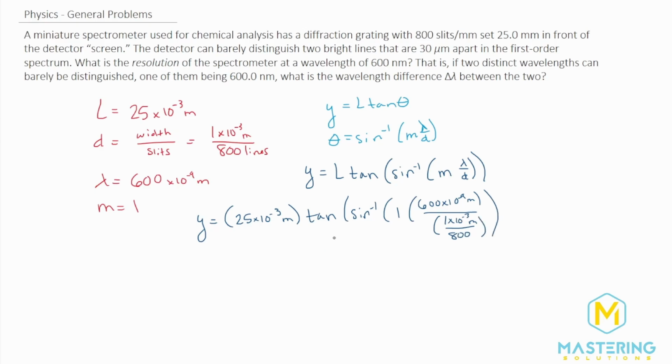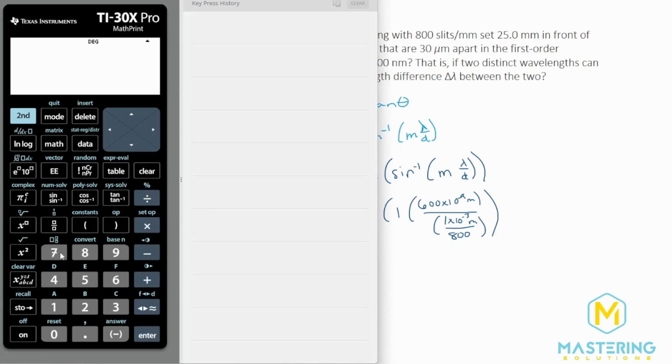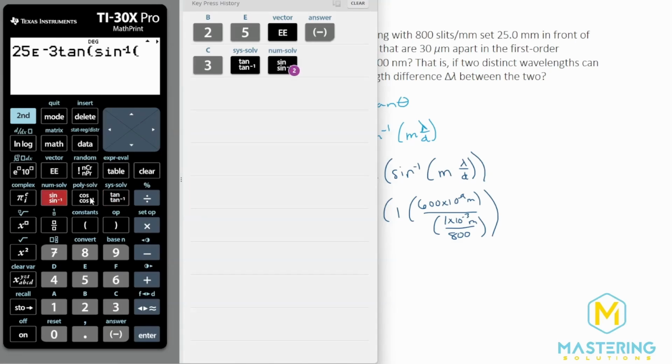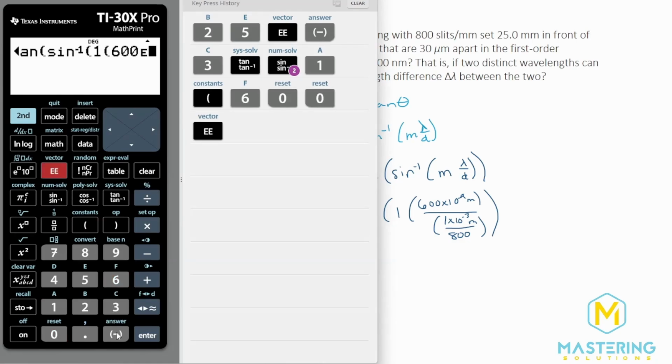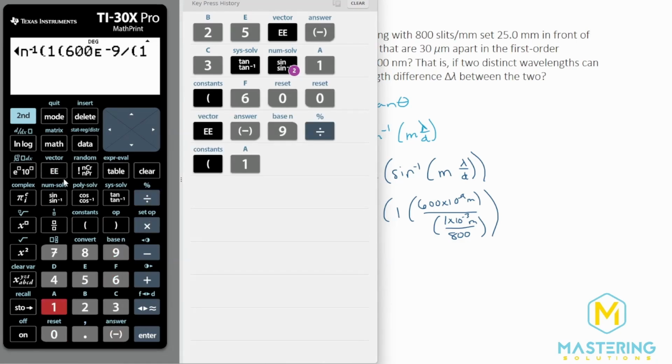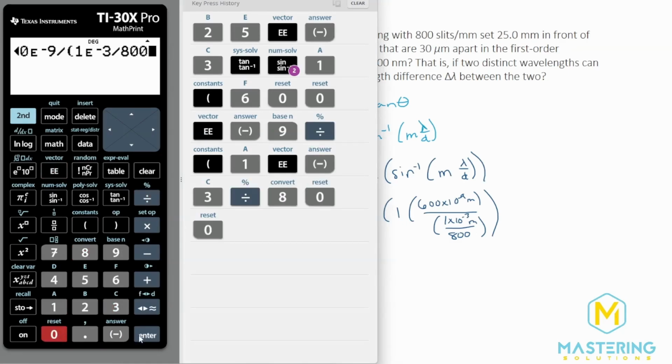Okay, so this is our whole equation, and let's plug that into the calculator. So we have 25 times 10 to the negative 3 times the tangent, inverse sine, and then we have m times lambda, 600 times 10 to the negative 9, divided by d, which is 1 times 10 to the negative 3, divided by 800 slits.